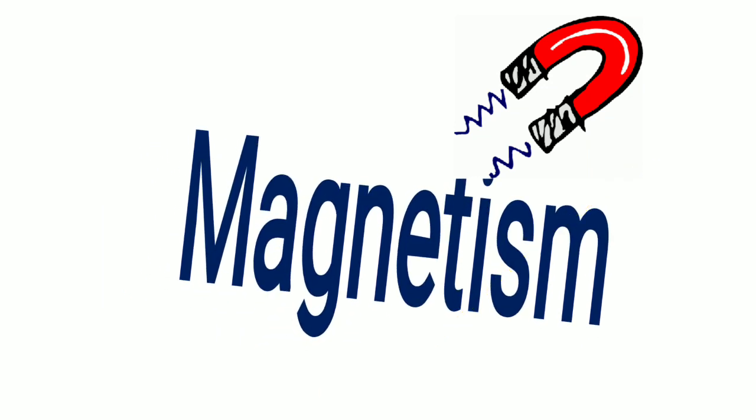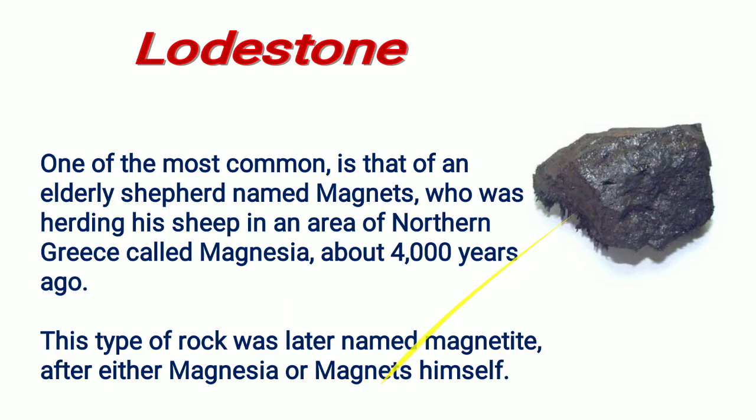So according to history, the shepherds of northern Greece discovered some stone. They had the magnetic or attractive property.